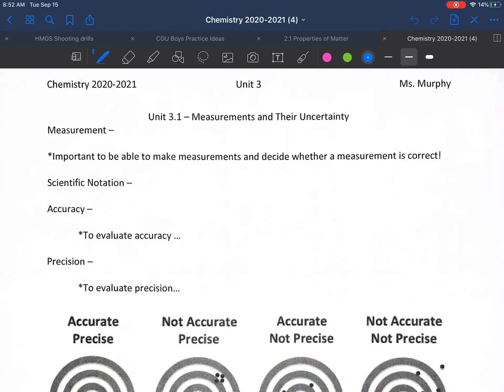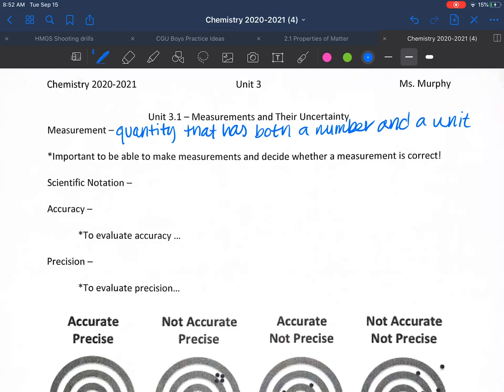It's defined as a quantity that has both a number and a unit. And so it's important to be able to make measurements and be able to decide whether a measurement is correct or not. This is a huge part of science.